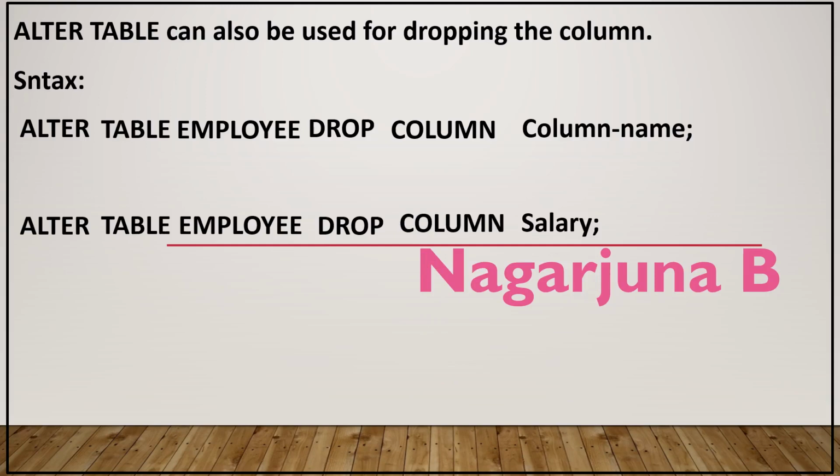That means it will delete the column salary, that is, the attribute salary will be dropped from the table employee, and it will display the message "table altered" on successful execution of the command. Similarly, we can also drop a constraint by writing alter table name, drop constraint name.